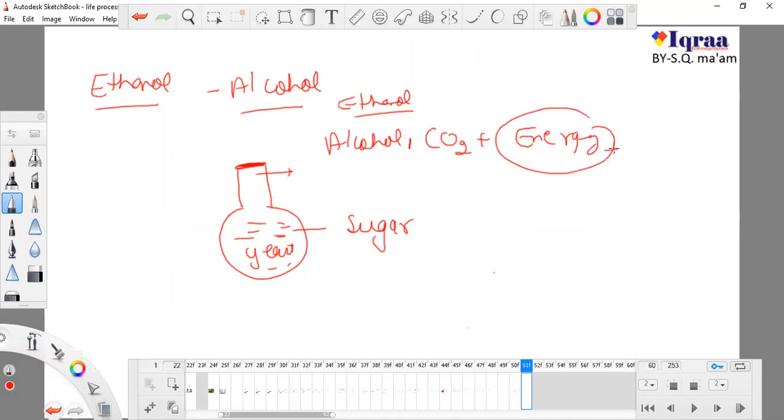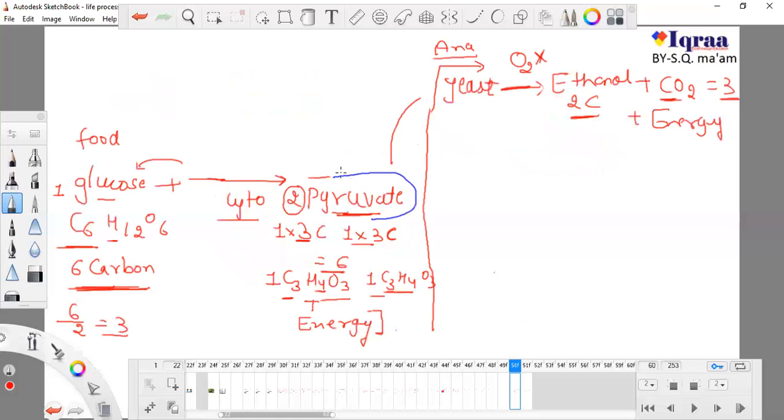So what is the energy? This process, the breaking down of glucose into pyruvate, and at the same time the conversion of pyruvate, not by using oxygen, into ethanol and carbon dioxide and energy, all of this is taking place only to get some energy.